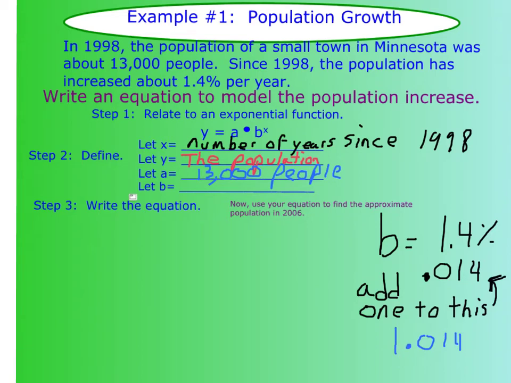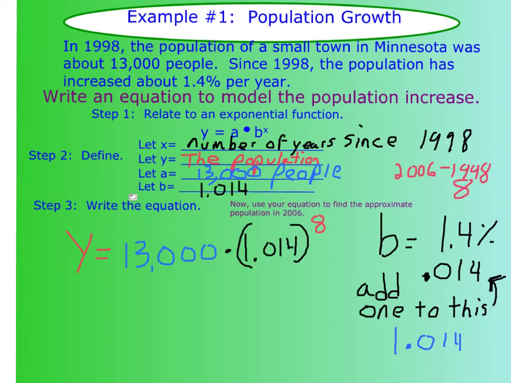The reason is explained on the next slide, but the reason we're doing 1 is we have to count this 13,000 and add to it. So by multiplying by 1, we get 13,000 included, because 1 times 13,000 is 13,000, and we get to add that 1% each year.